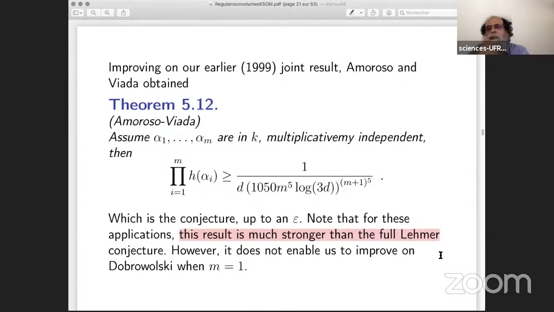That enabled them to have a form with a controlled height and a controlled degree. Then they performed induction, and thanks to the second information, they could kill this descent. So it is somewhat simplified now, but it's still involved because you need to put in some deep arithmetic geometry in the construction of the auxiliary function.